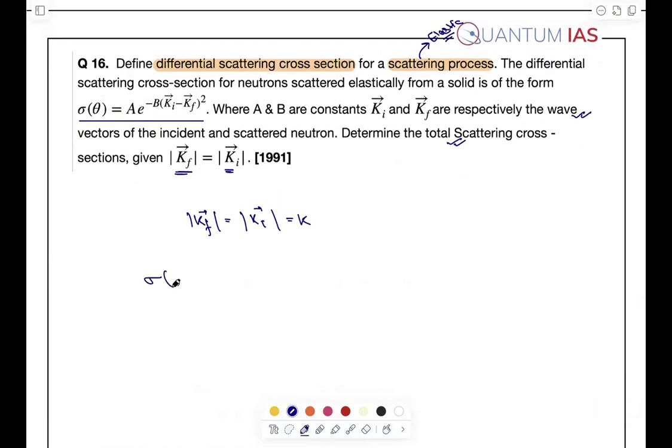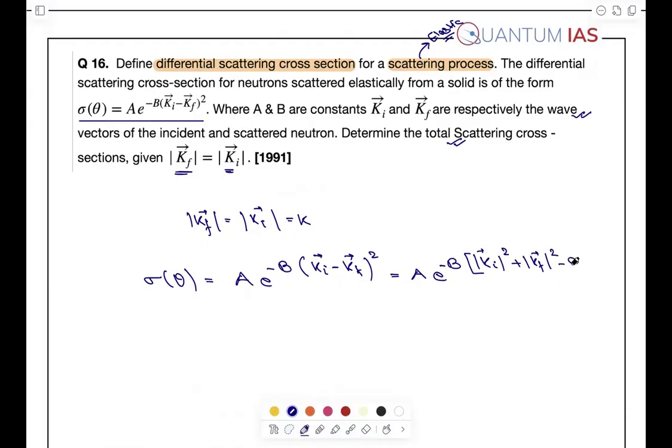Now let's expand the sigma theta. Sigma theta is given as a e to the power minus b times (ki vector minus kf vector) whole square. We can expand it as ki square plus kf square minus 2 ki dot kf cos theta.